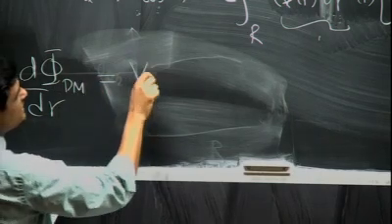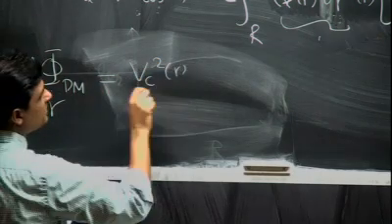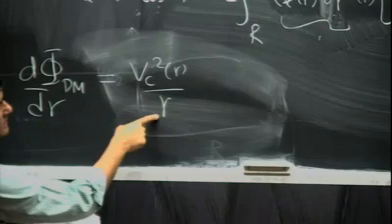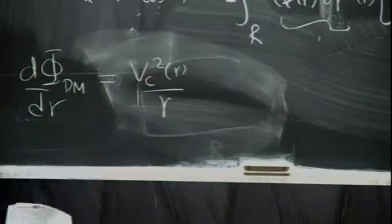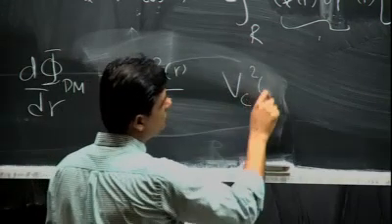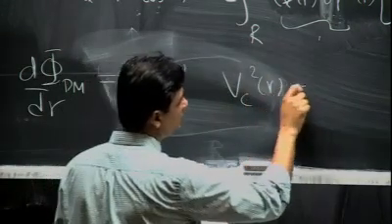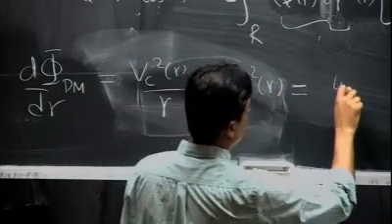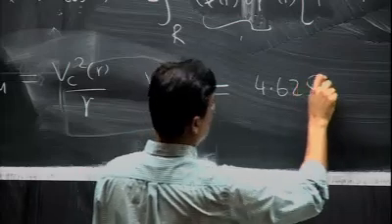And remember, that's the definition of the circular speed. So this is just the force, and that's the centripetal acceleration, so it's v squared over r. This vc squared is what we can parameterize. So I'll write this down in a bit of a funny way, but I think it'll make sense once I write it out.